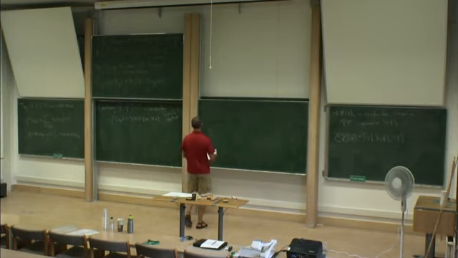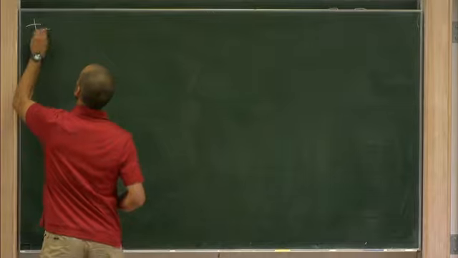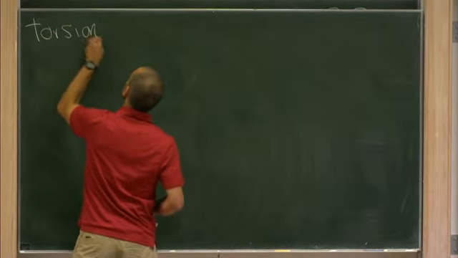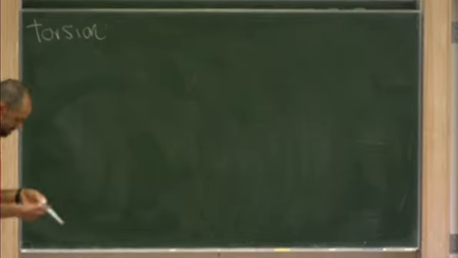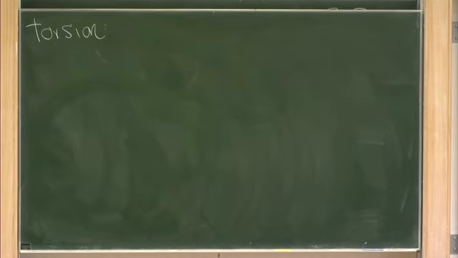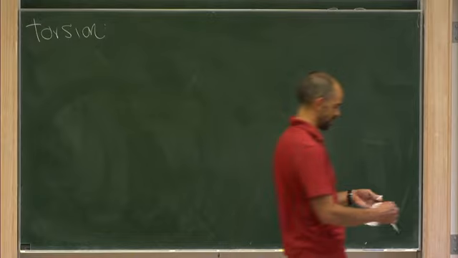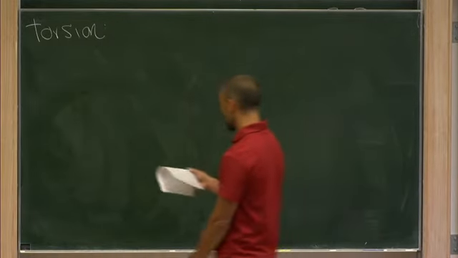Okay, so torsion. The L2 torsion here, if you've seen Reidemeister torsion from the study of 3-manifolds, is really the same thing, just with infinite dimensional Hilbert spaces as opposed to finite dimensional ones.